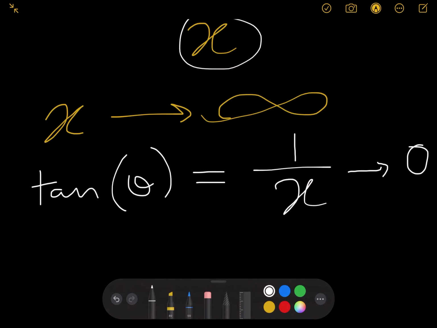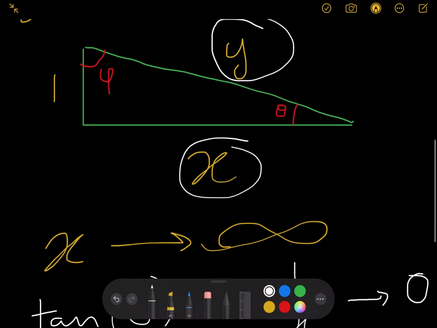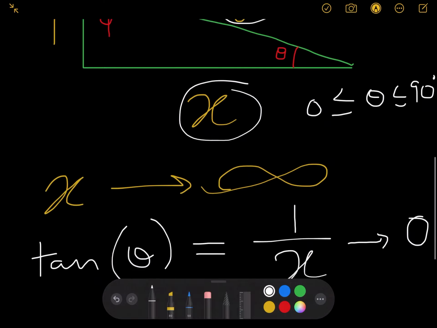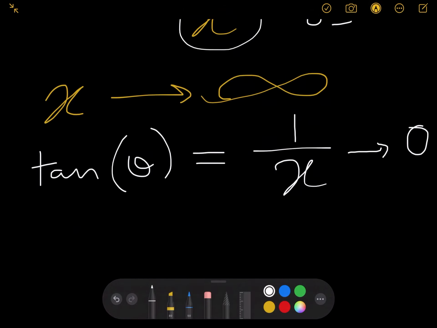So then, if tangent of theta is nearer to 0, and remember we're given that 0 is less than or equal to theta, which is less than or equal to 90 degrees, so theta is an acute angle. I don't know if you would strictly say less than or equal to, but let's just go with it. So that means that theta would also be 0, because tan of 0 is 0. You see?